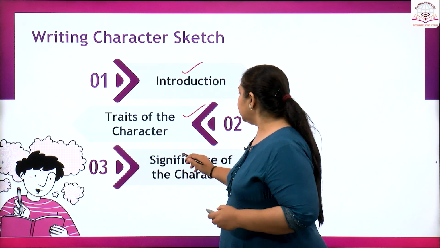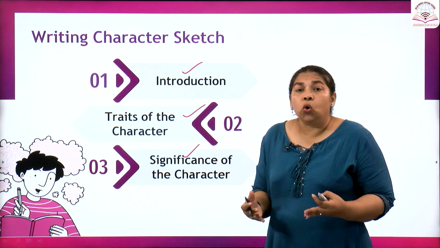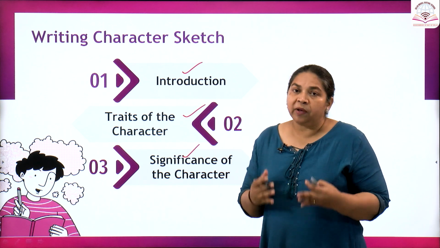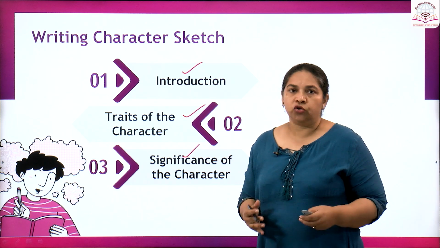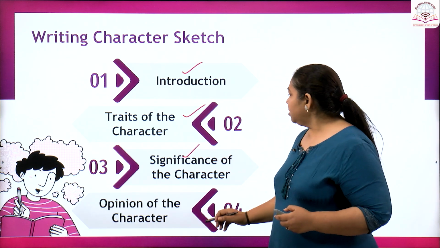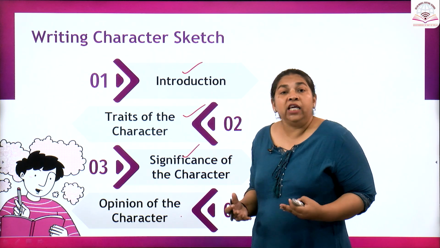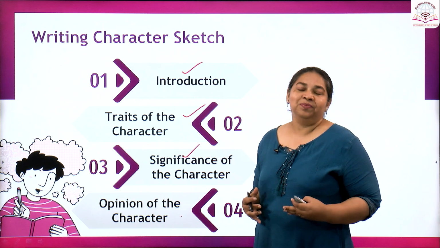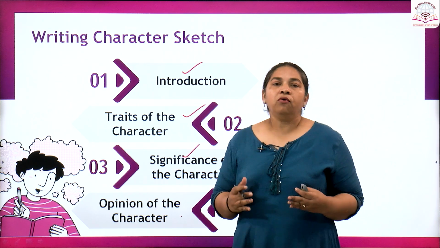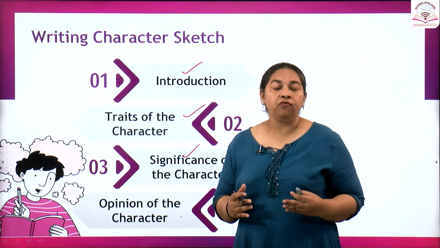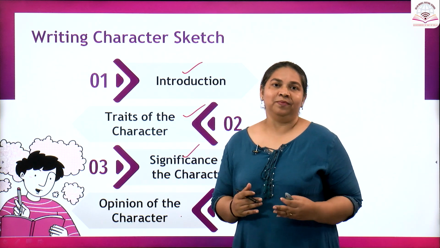And then the significance of the character. What is the role that the character is playing? How important is that character for the story? And then comes the opinion of the character. What do we feel about that character? Now, let's see one example of a character sketch of the grandmother from The Portrait of a Lady.